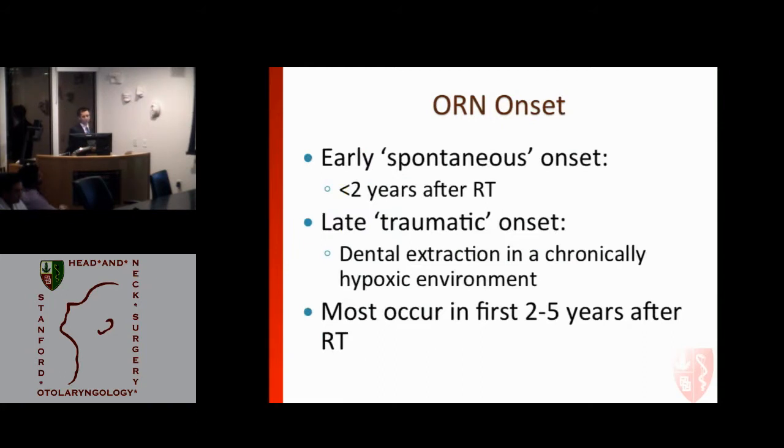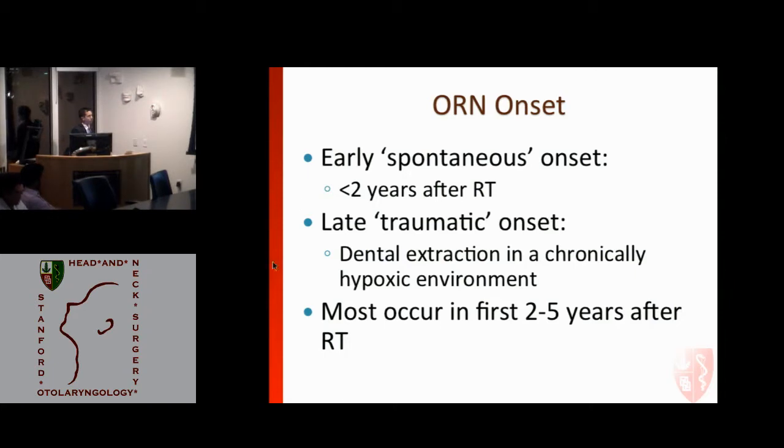Okay, so early onset ORN versus late onset ORN. Early onset spontaneous, quote-unquote, ORN usually occurs less than 2 years after radiation therapy is completed. And that doesn't necessarily happen in the setting of a trauma, of a dental extraction of some sort. We talk more about dental extraction precipitating ORN in chronic cases, greater than 2 years out, although they can happen at any time.